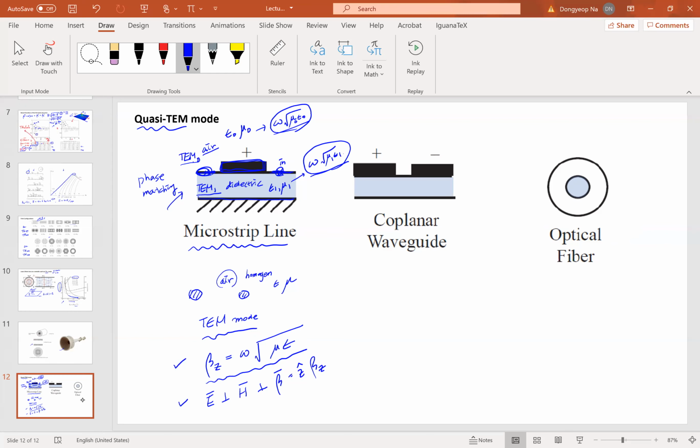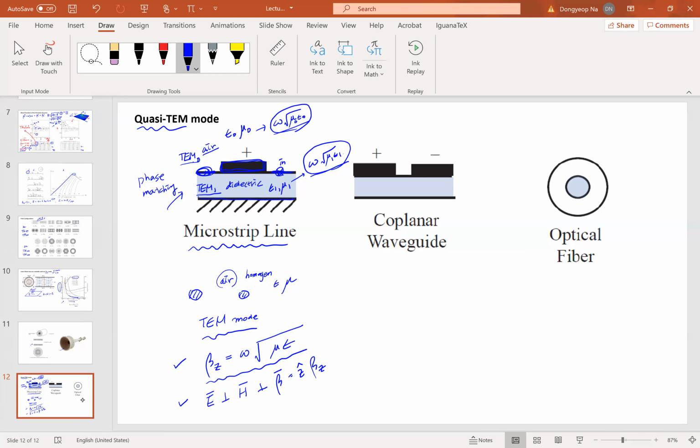But actually, the field supported by this microstrip line looks very complicated. It cannot be derived in a closed form solution. Very complicated.